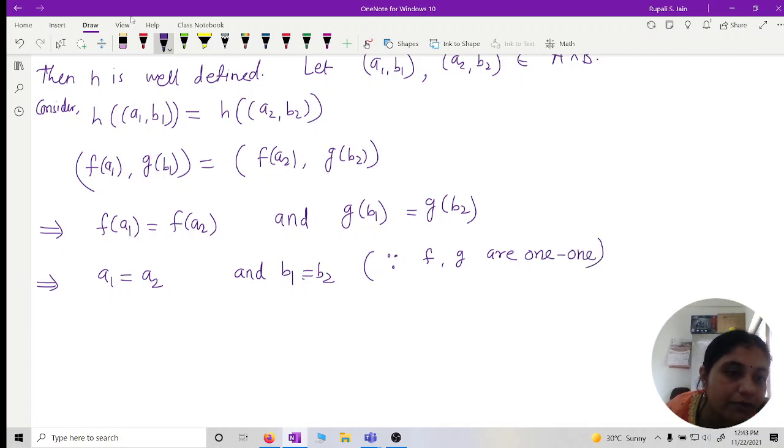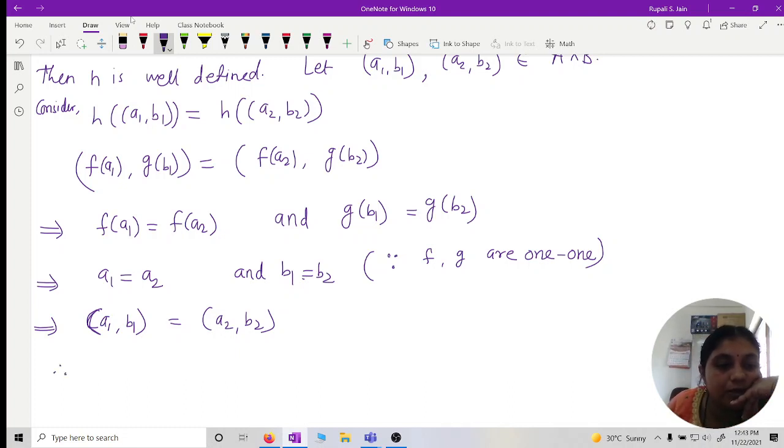Since they are one-one, f of a1 equals f of a2 implies a1 equals a2, and g of b1 equals g of b2 implies b1 equals b2, and this implies (a1, b1) equals (a2, b2). Therefore, H is one-one.